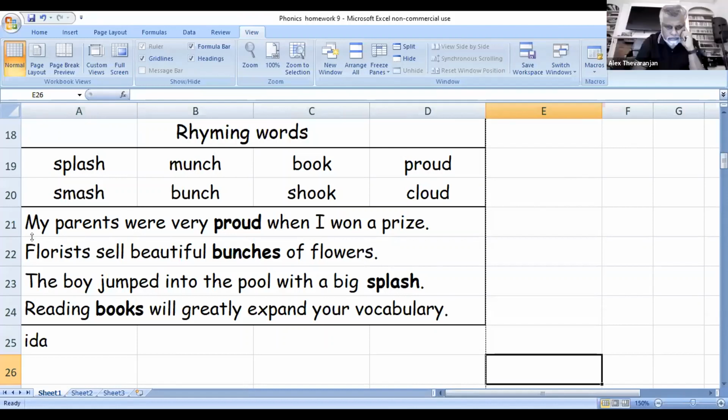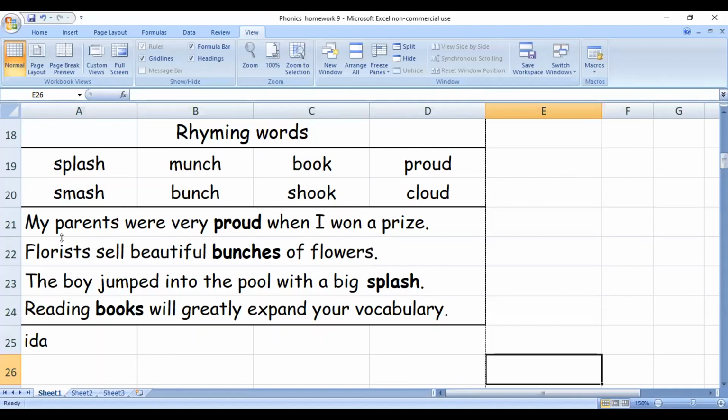Okay. I have made sentences with these words. I'm going to read it. My parents were very proud when I won a prize. Florists sell beautiful bunches of flowers. The boy jumped into the pool with a big splash.